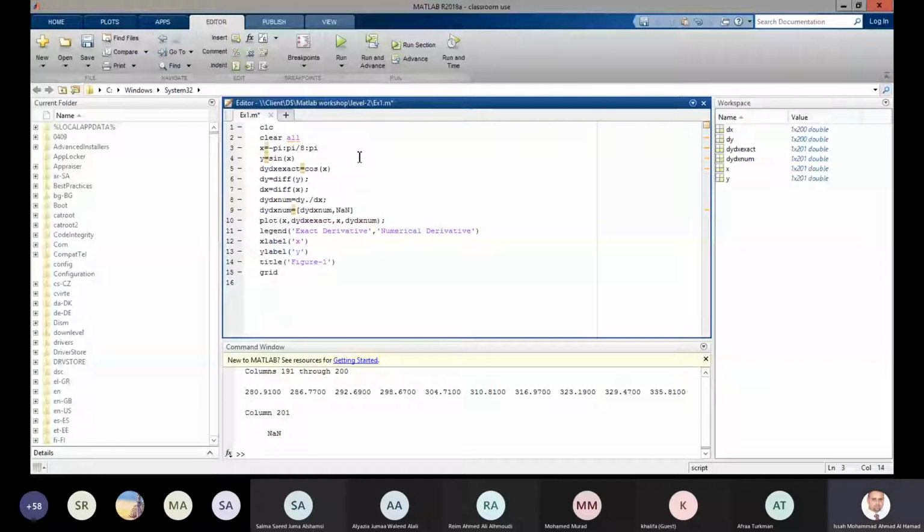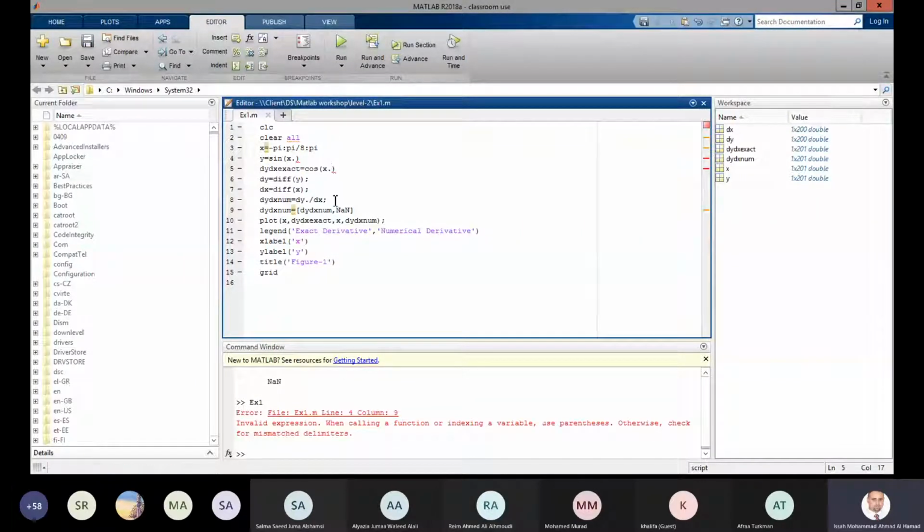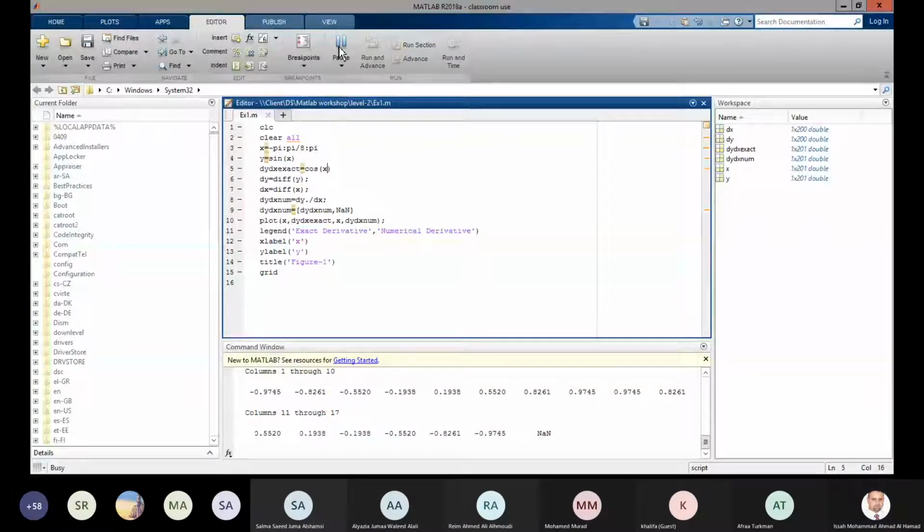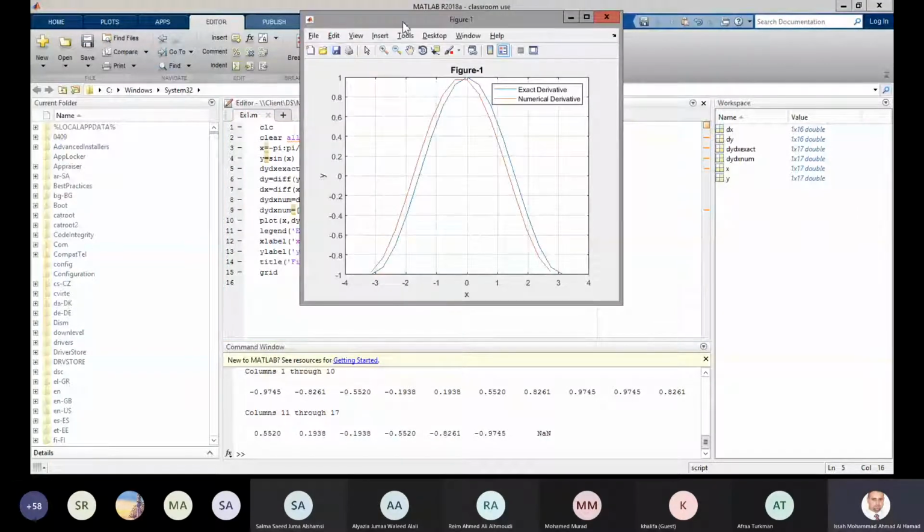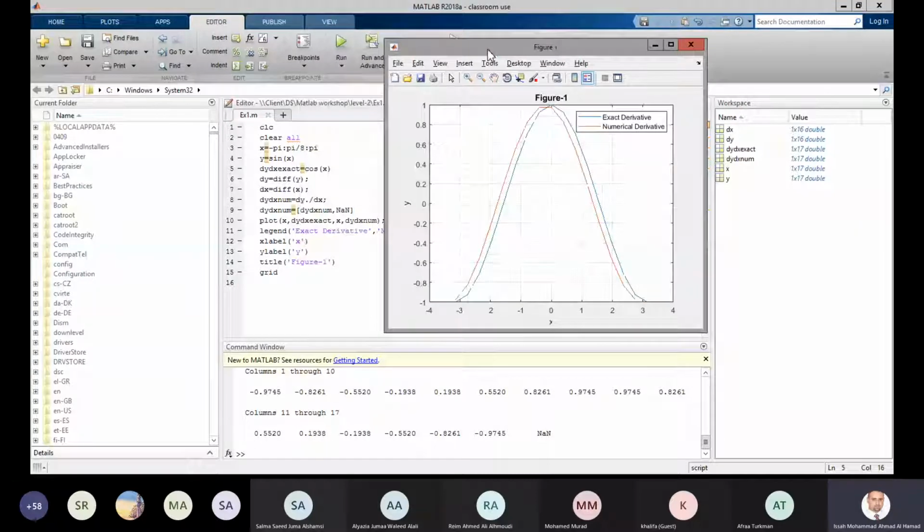Now I think we will have a problem here. I don't know if this works. We will try. I will remove it. Let's see what happens. Okay, so this is the exact derivative and this is the numerical derivative. This is the cosine function.